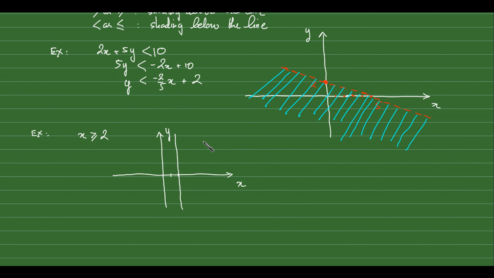For example, you pick a 5. 5 is greater than 2, so it satisfies that. So I'm going to pick this side. Let me use this color here.